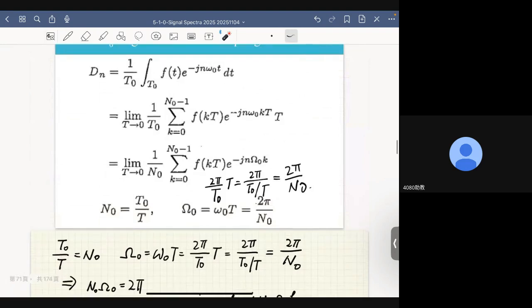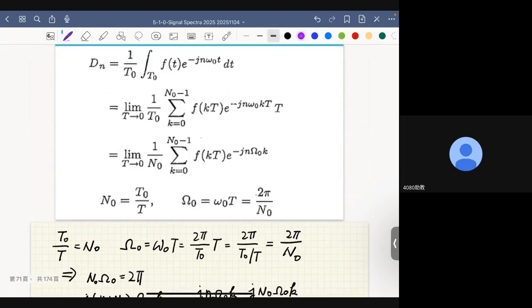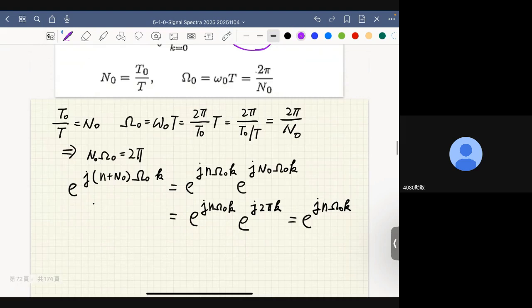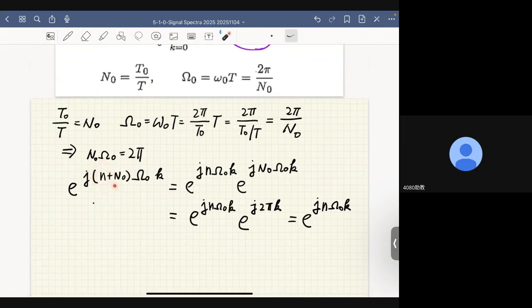Now, when we go back to this representation, we know that for every given Dn, we need to deal with this term, for every given frequency. This is related to the nth harmonic of the signal. So let's now replace n by n plus N0 and see what happens.